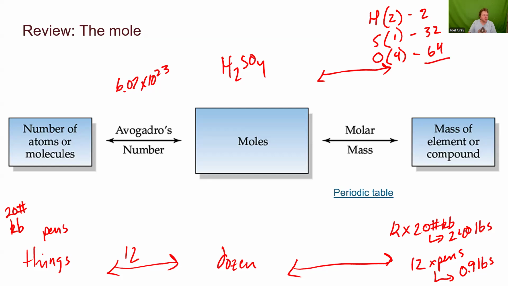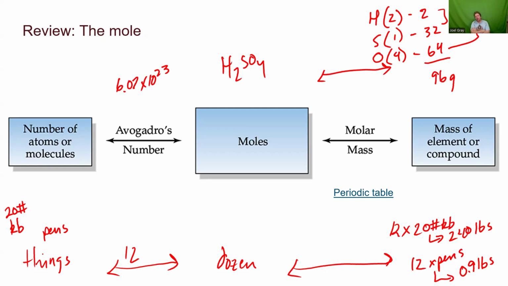So the molar mass of H2SO4 is going to be 2 plus 32 plus 64. Well, 2 plus 32 is 34, plus 64 is going to be 96 grams. So if you have 1 mole of H2SO4, it's going to have a mass of 96 grams.